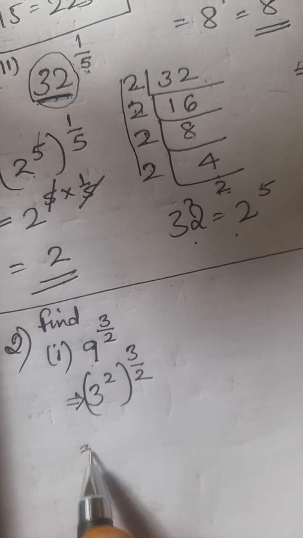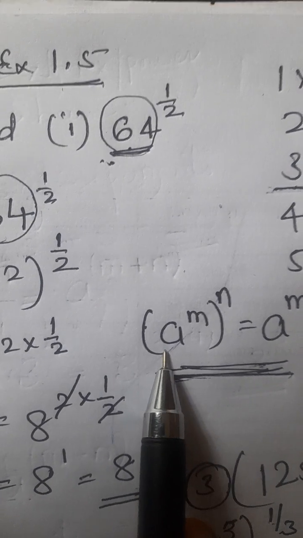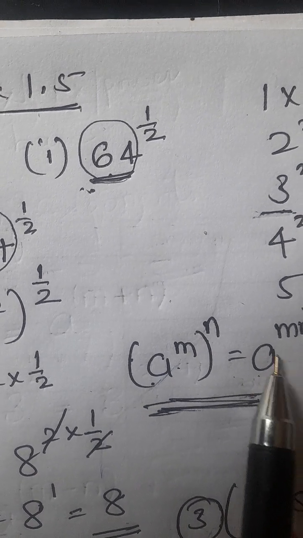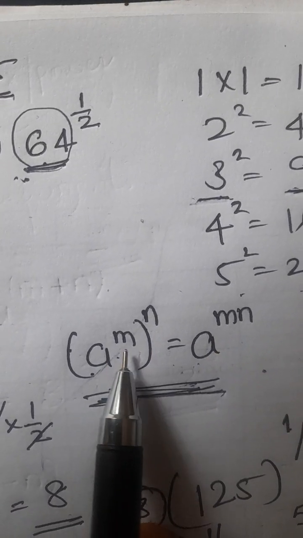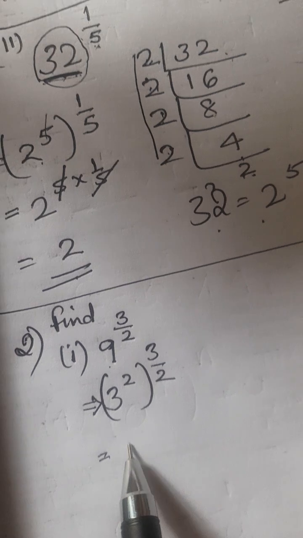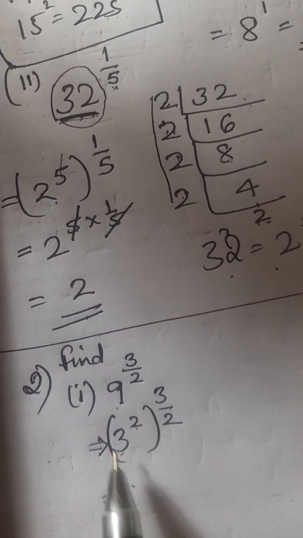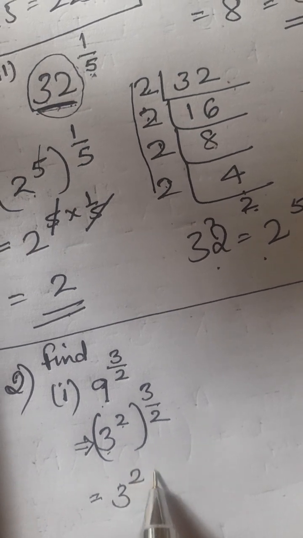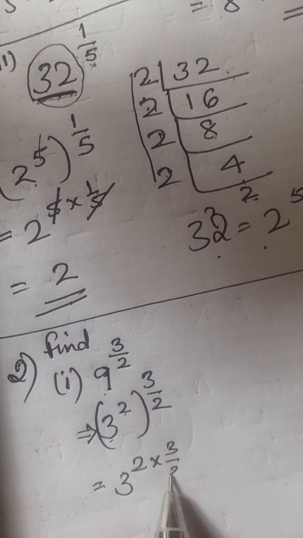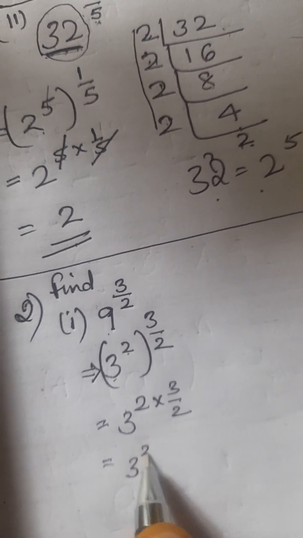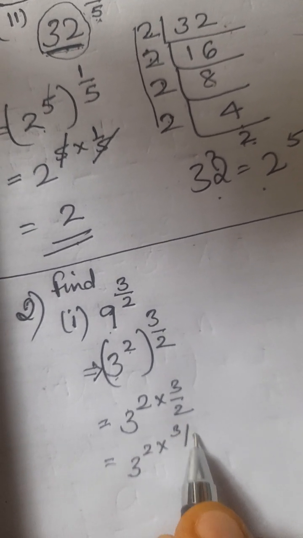So this is equal to, applying the same formula, a to the power m whole to the power n is equal to a to the power mn. So this is going to be 3 to the power 2 into 3 by 2.